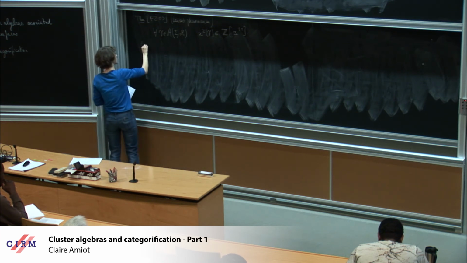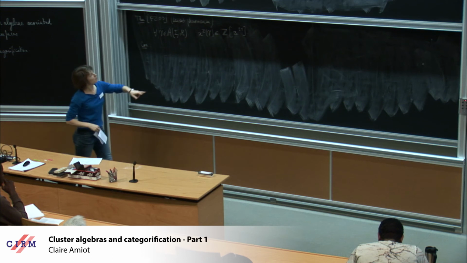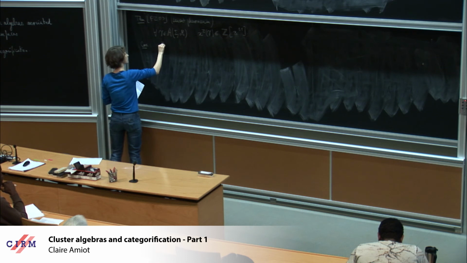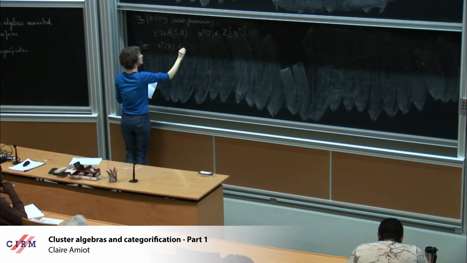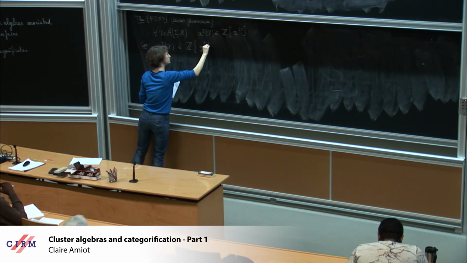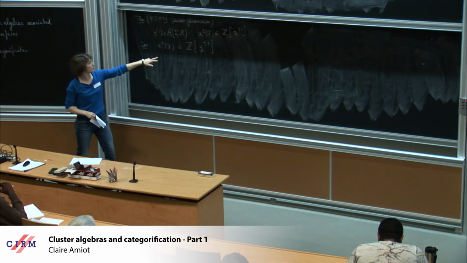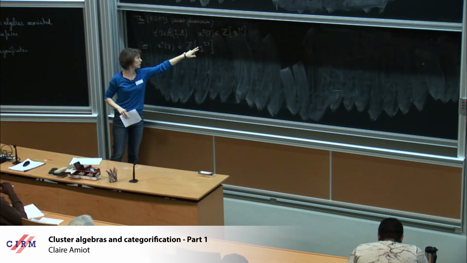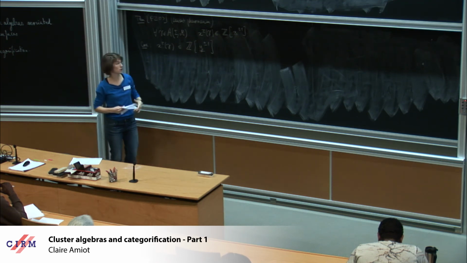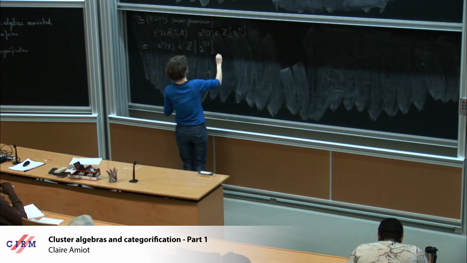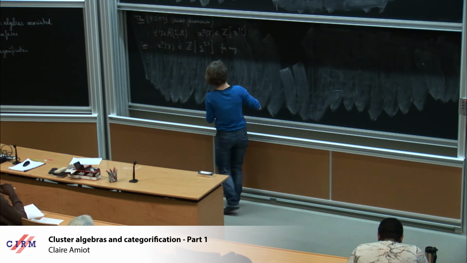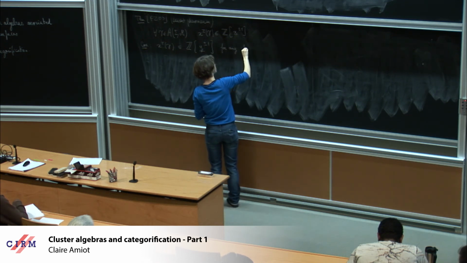And of course, as a corollary, if you combine with this bijection, you get that x tau of gamma can be expressed as a rational function in any cluster, and this will again be a Laurent polynomial, for any cluster.